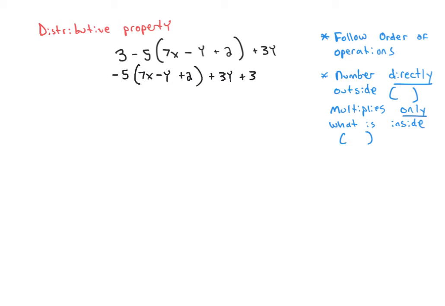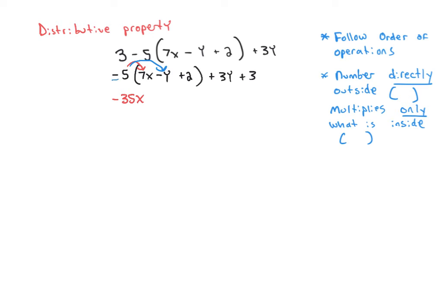Okay, now I'm ready to do the distributive property. So first step, say -5 times 7. So I've got -35x. And then I'm going to do -5 times -y.